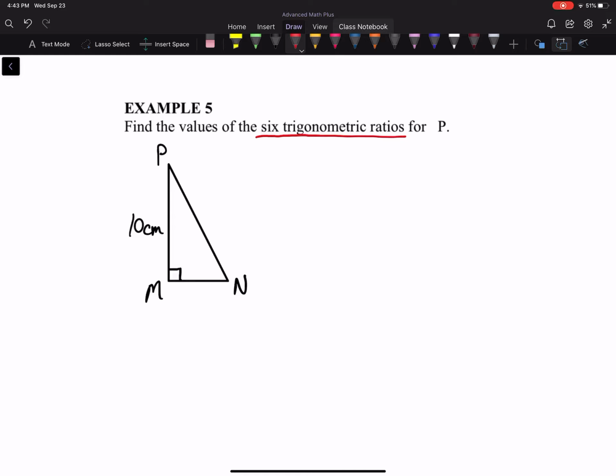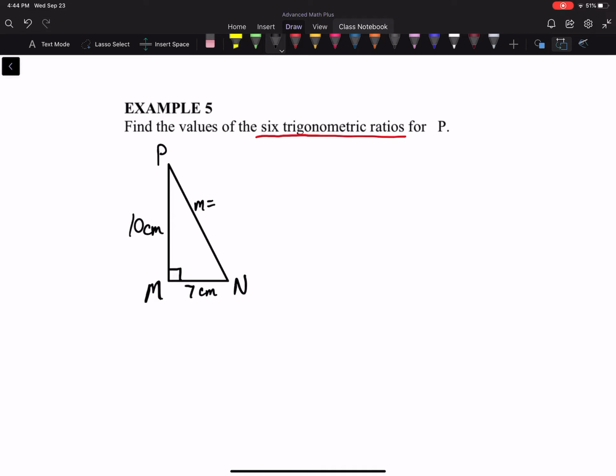I just realized that I don't have my hypotenuse here. Let me find out what it's supposed to be. I have this leg down here. This leg is also 7 centimeters. Sorry about that. So I need to find this side. This angle is big M, so this side will be little m.